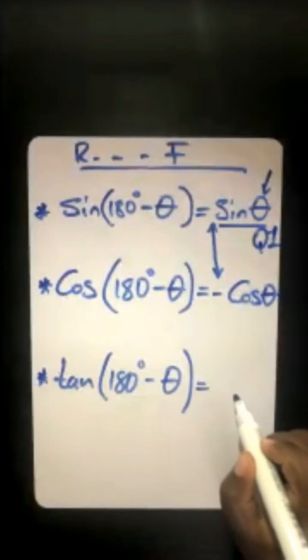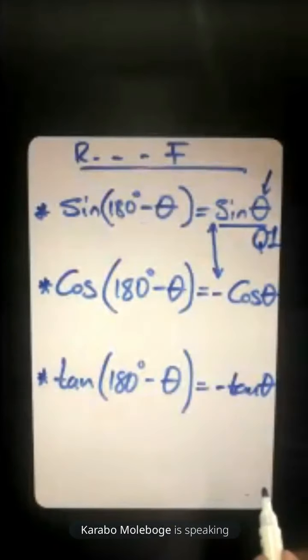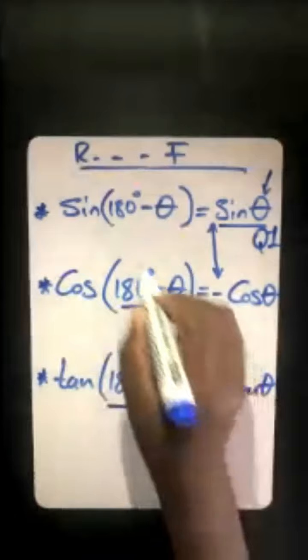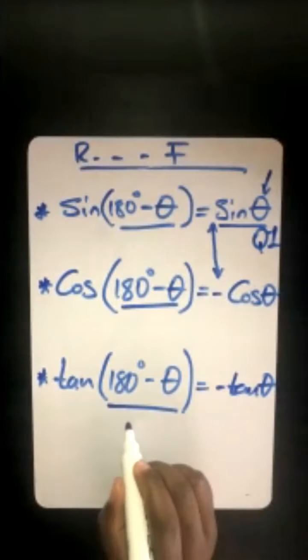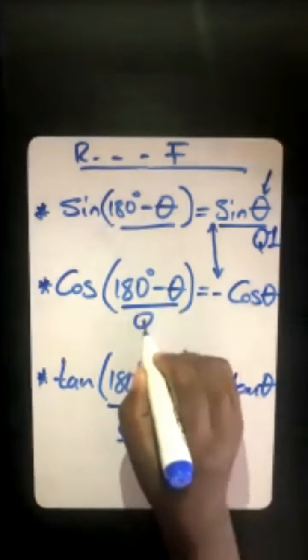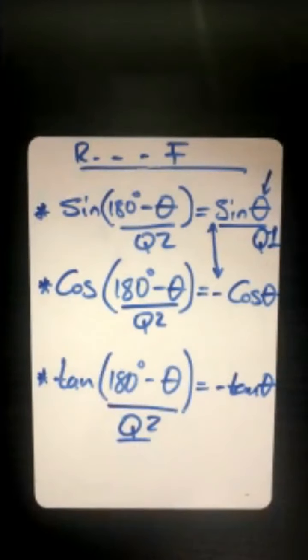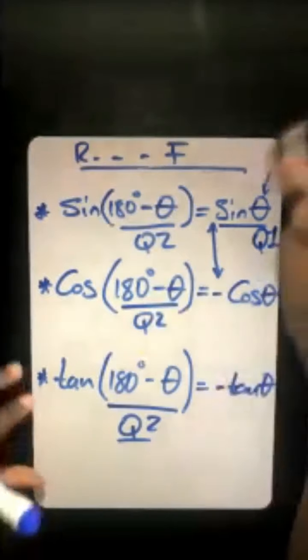It's negative. So it's going to be negative tan angle. So 180 minus angle tells us more about the quadrant, to say here we are dealing with quadrant number 2. That's all that you need to know, guys. I hope we are all on the same page on that one.